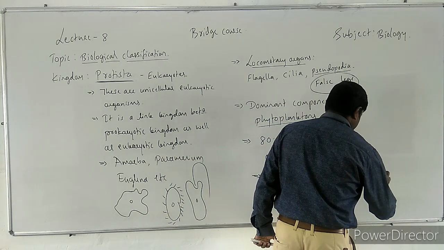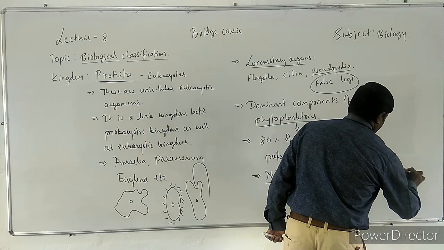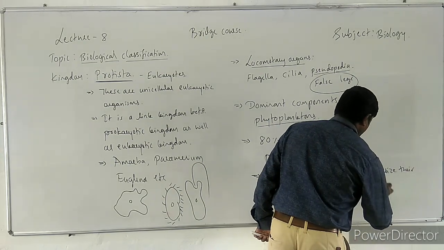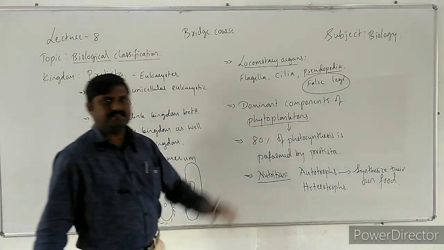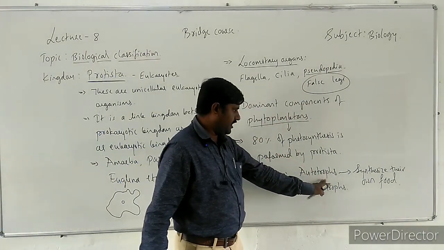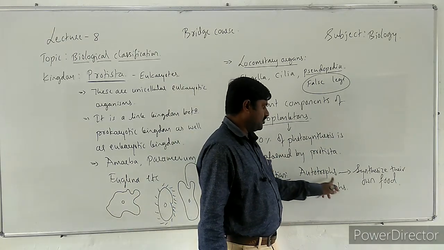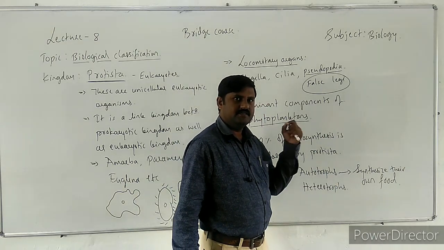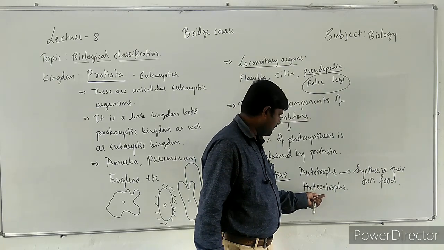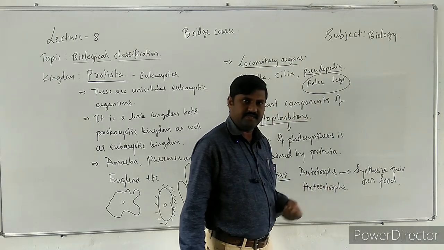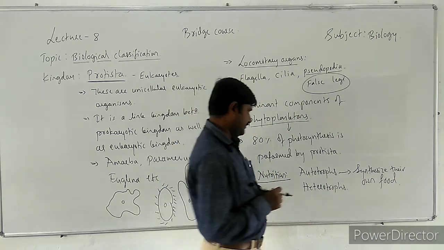Auto means self, so they can prepare their own food material by themselves, right? Heterotrophs means they depend on other organisms for their food.